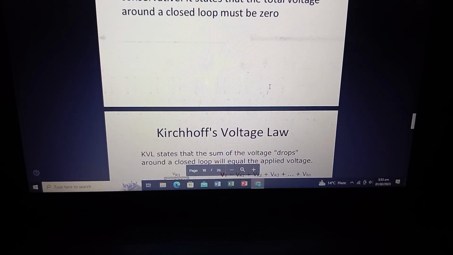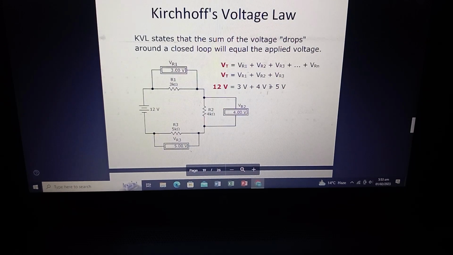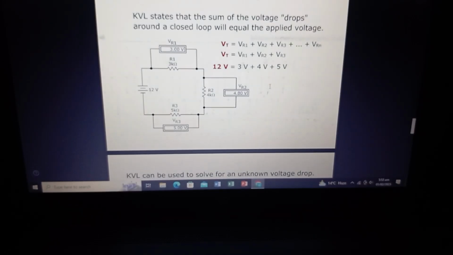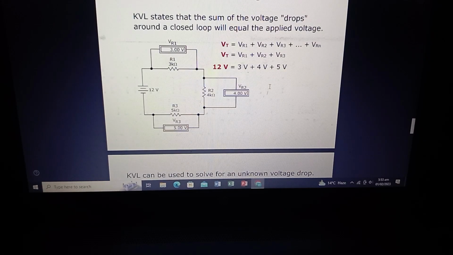So moving next, we see here an example and the definition of KCL, KVL. KVL states that the sum of the voltage drops around a closed loop will be equal to the applied voltage. So here we apply 12 volt, and there are three resistors in series.